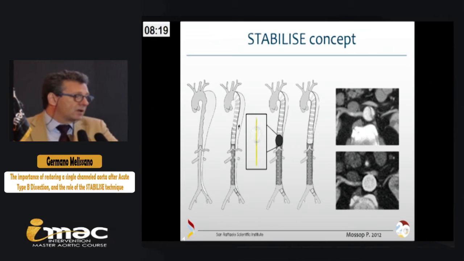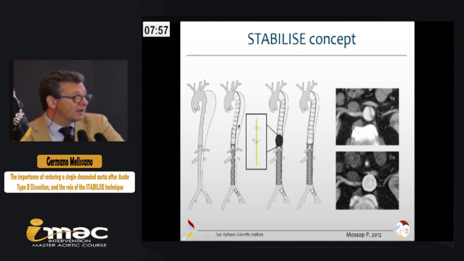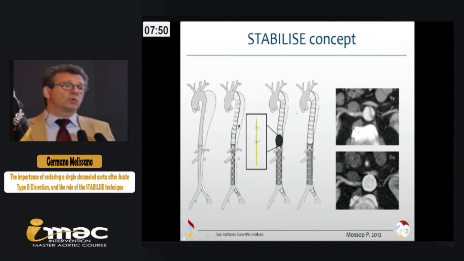And what they did was to perform initially the so-called petticoat technique, so placing a cover stent in the proximal portion of the aorta in order to close the proximal entry tear, and then add some bare stents in the more distal part of the aorta all the way down to the aortic bifurcation, and then using a balloon inside the stent graft, inside the bare stents, in order to intentionally rupture the lamella.